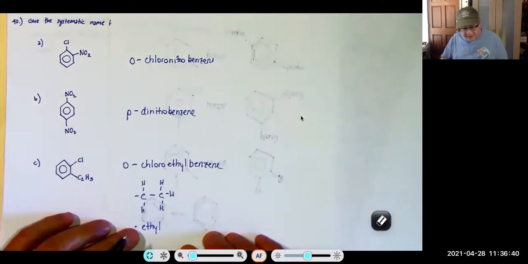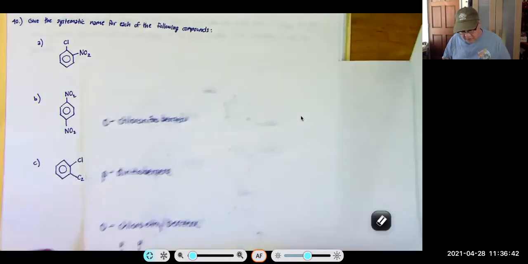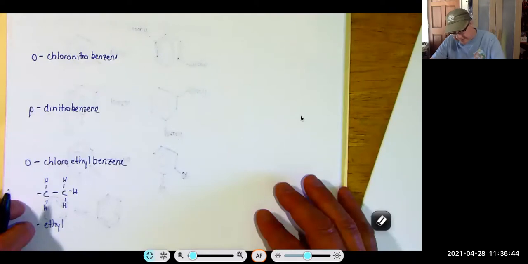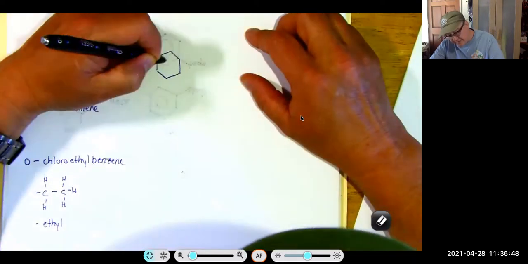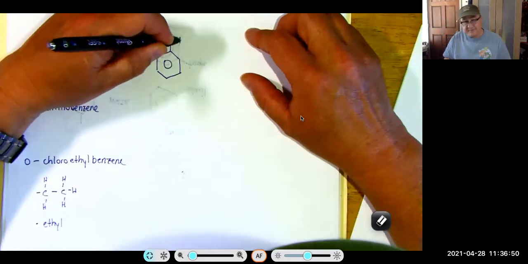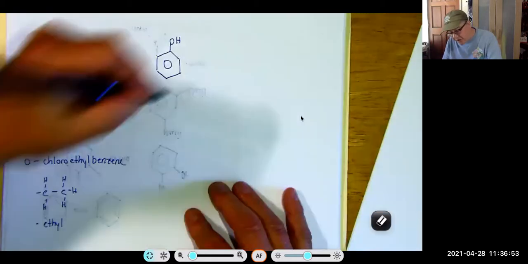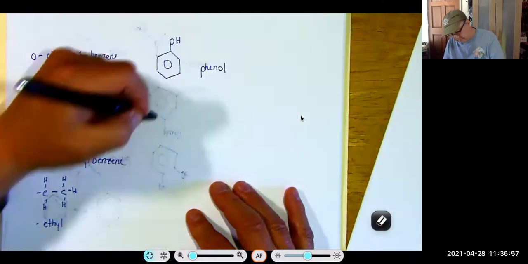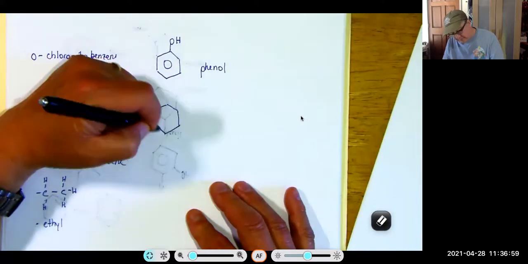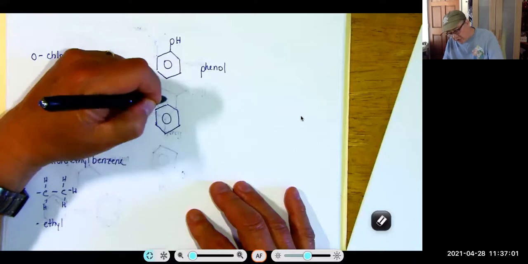Now, there are some names you want to know for some molecules that look like this. This one here is called phenol. This one here is called toluene.